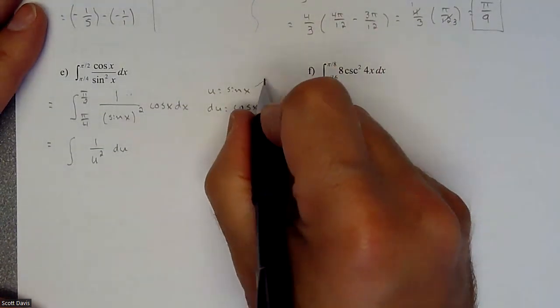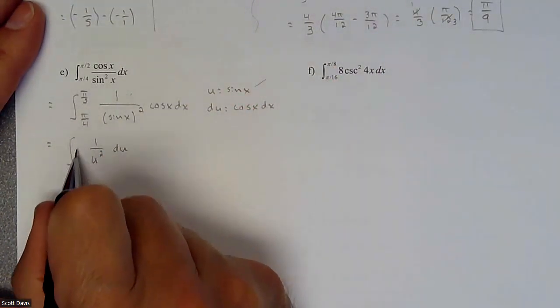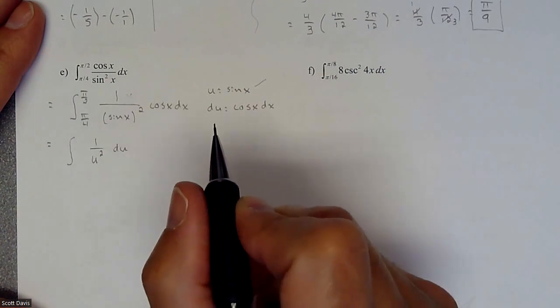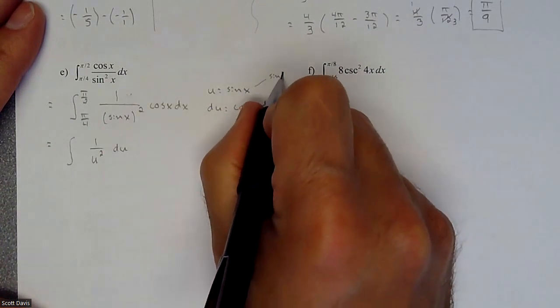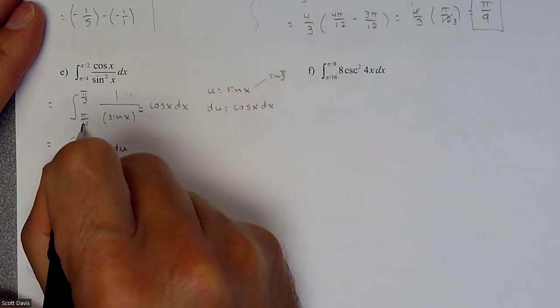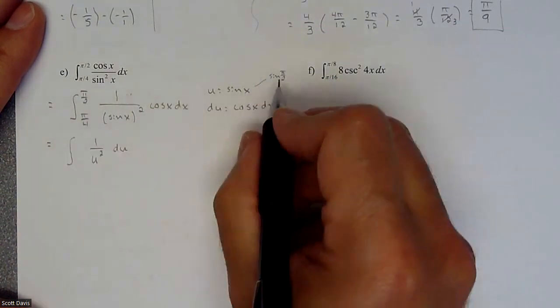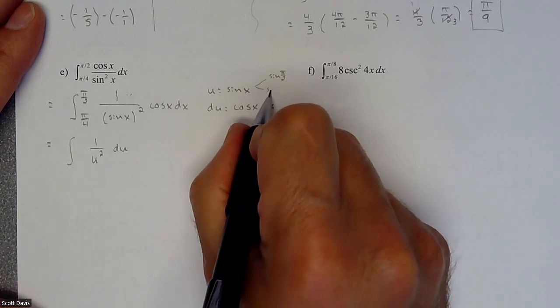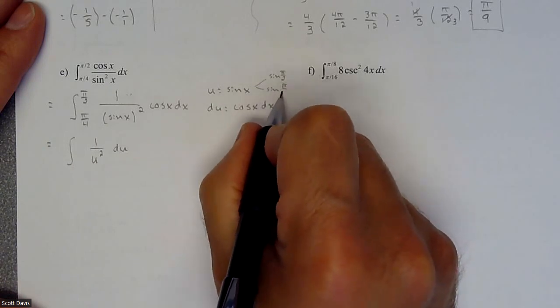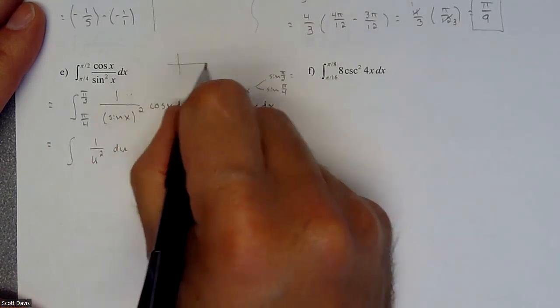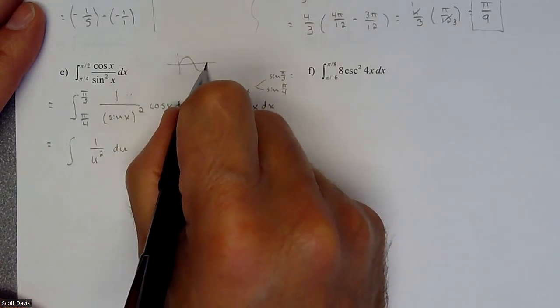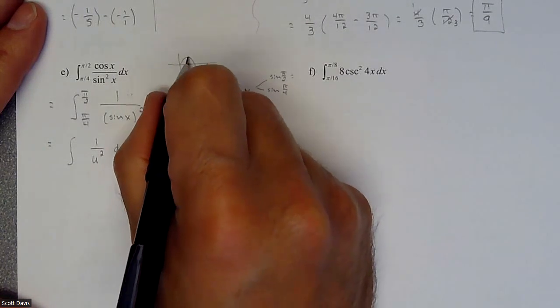And so I need to plug in these values to turn them into in terms of u, basically. So I'm going to do sine of pi over 2, and I'm going to be doing sine of pi over 4. So sine of pi over 2, if I think of the sine curve, is 1.